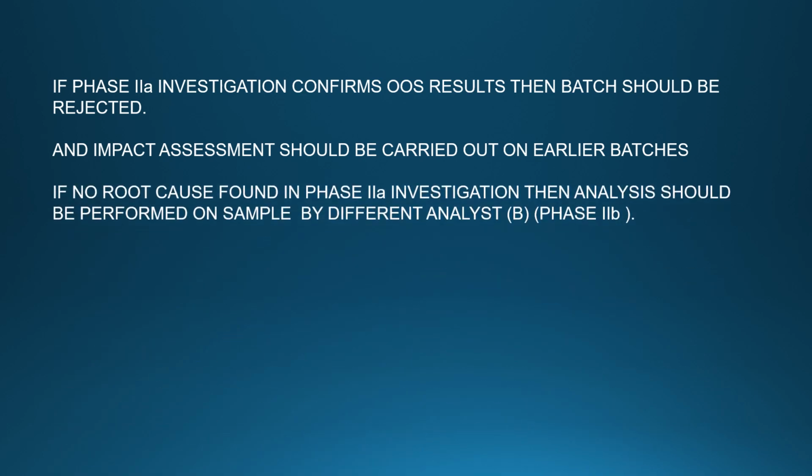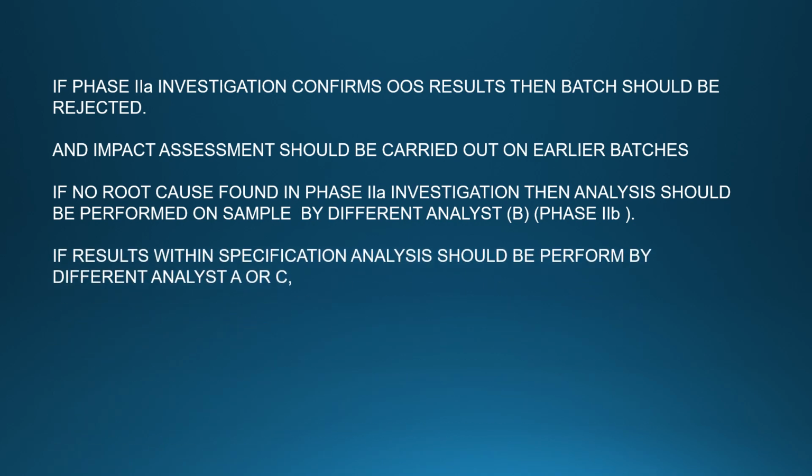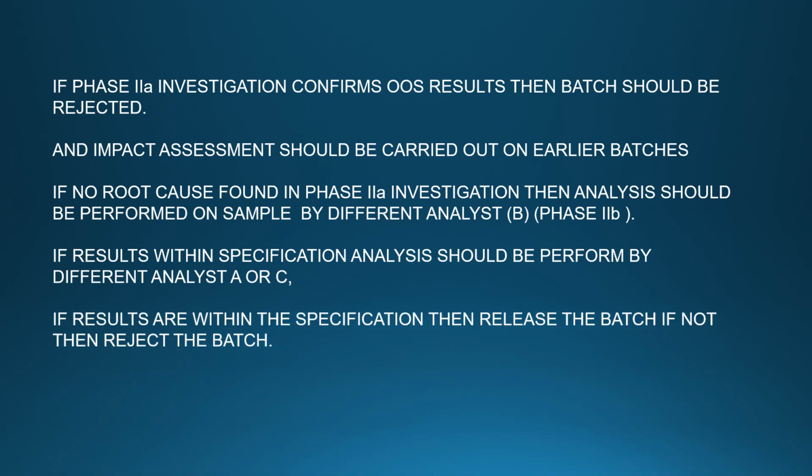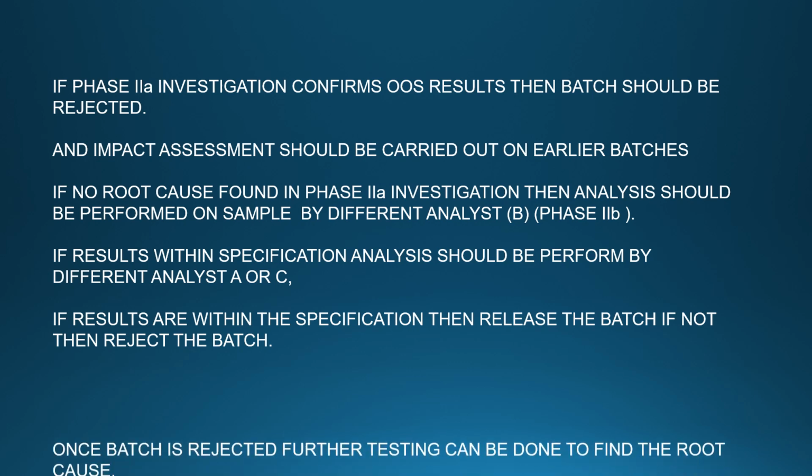If no root cause is found in the Phase 2A investigation, then analysis should be performed on the sample by a different analyst B. This is Phase 2B. If results are within the specification, analysis should be performed by a different analyst A or C. If results are within the specification, then release the batch. If not, then reject the batch.